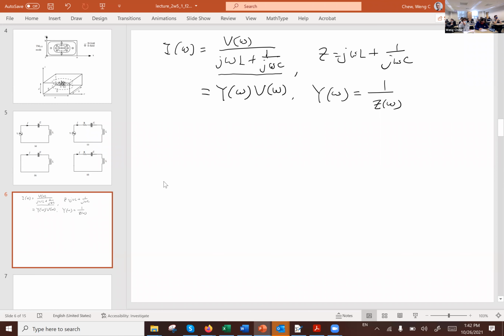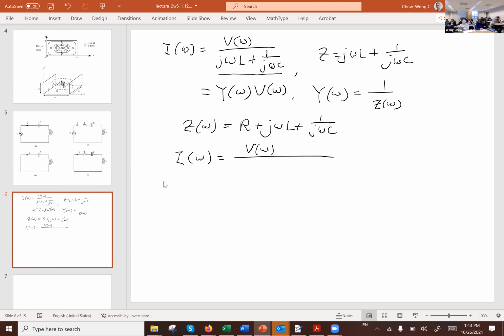However, if you have a loss, then the Z of omega is R plus j omega L plus 1 over j omega C. And then the current would just become V of omega over j omega L plus R plus 1 over j omega C. Okay, and then the transfer function, you can call this in electrical engineering, this is called the transfer function.